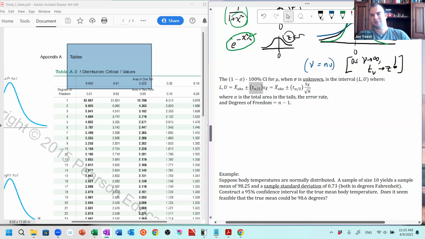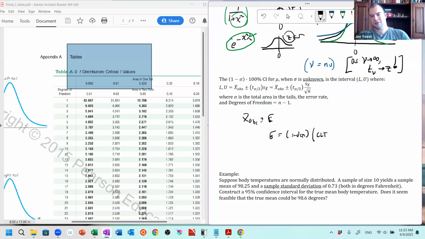So I still have x bar observed plus or minus a margin of error. My margin of error is still an index times the central limit theorem standard deviation. But this gets a nomenclature change. It's s x bar instead of sigma x bar, or it's s over root n instead of sigma over root n.